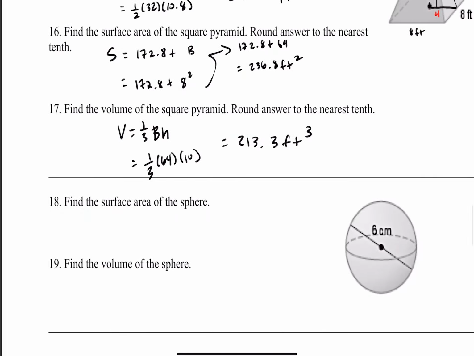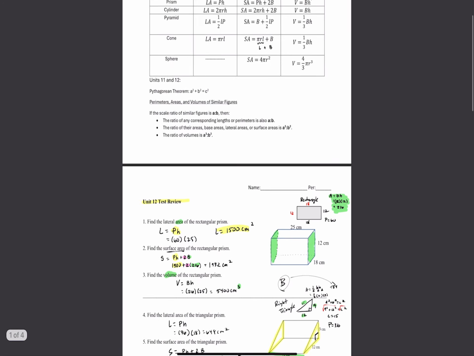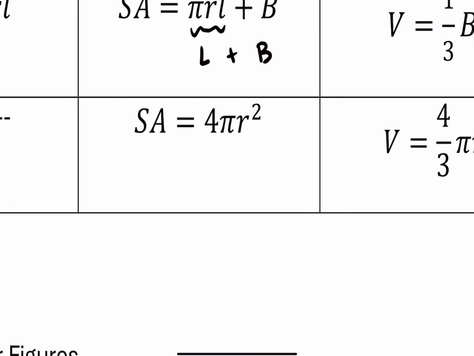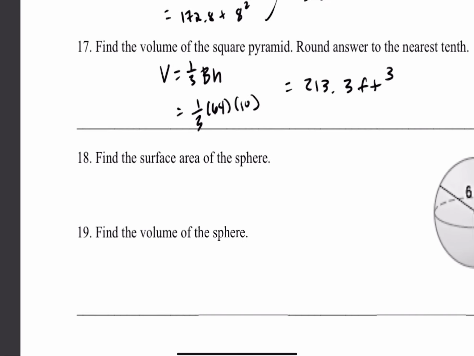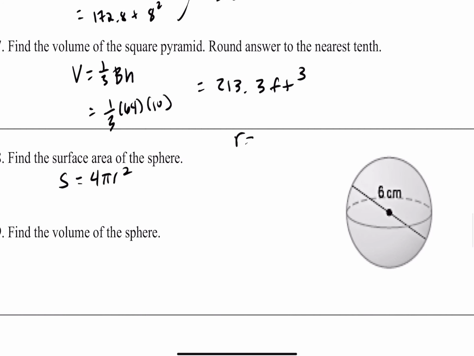Alright, there you go. Now, number 18 says find the surface area of the sphere. What's the surface area of the sphere formula? It's equal to 4 pi r squared. If r is the radius and I'm given that the diameter is 6, r is equal to 3.